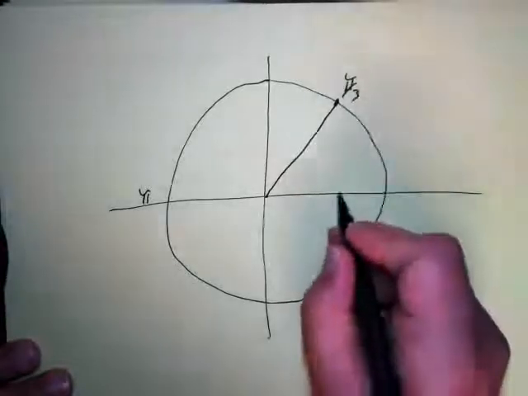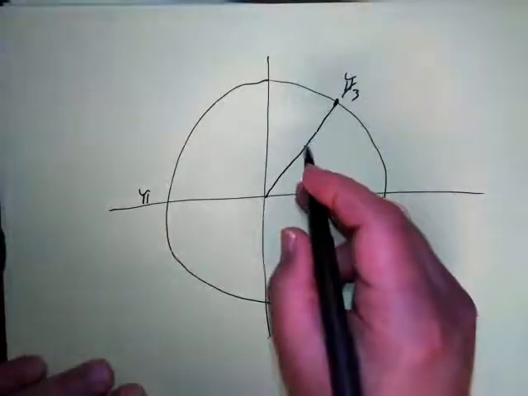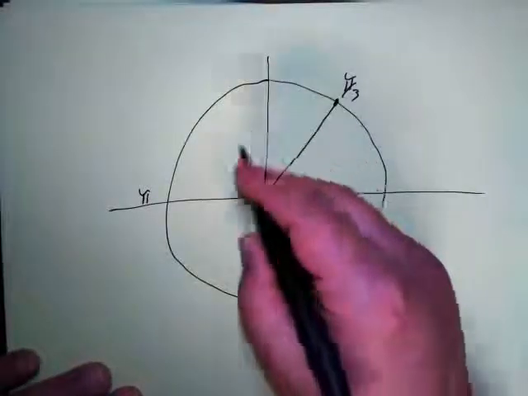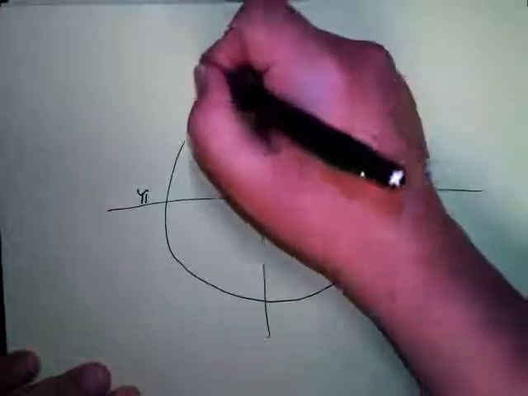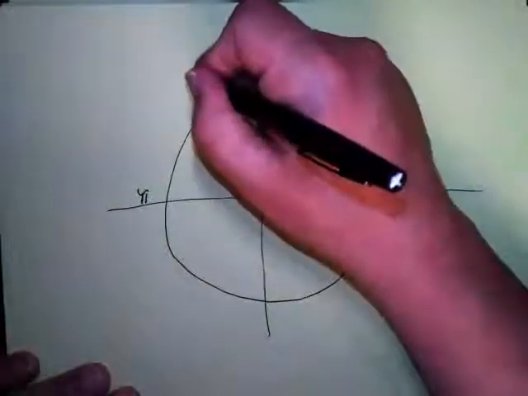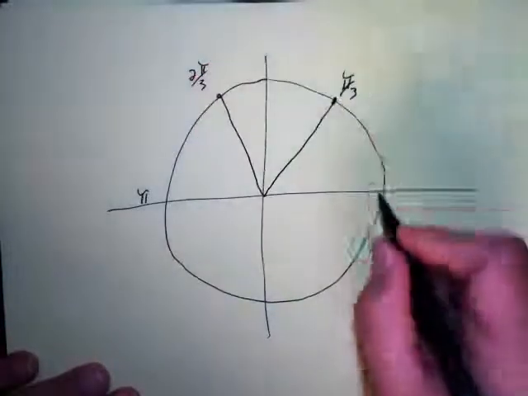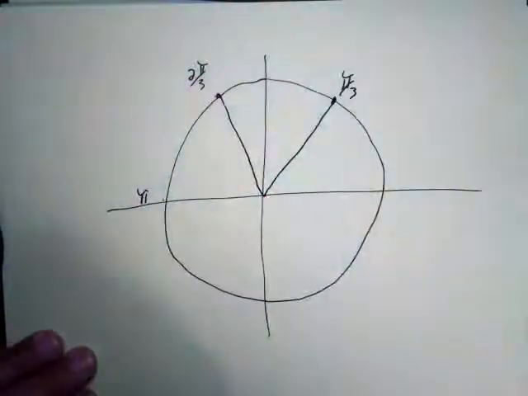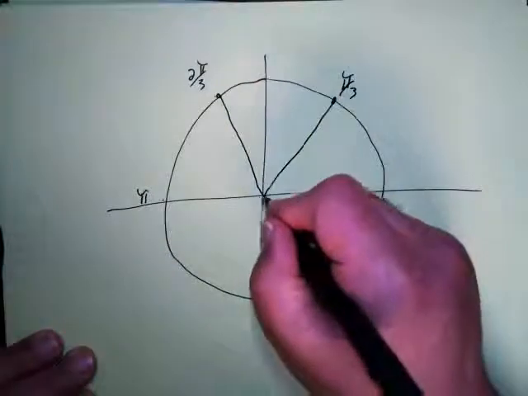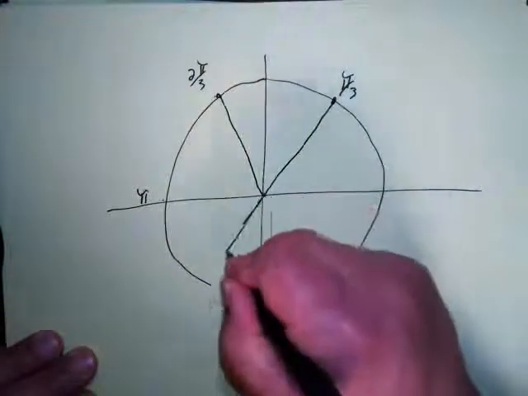So this pi over 3 is a 60-degree angle. Then if I go another 60 degrees, I get 120 degrees, and that's 2 pi over 3. So I got 1 pi over 3, 2 pi over 3. 3 pi over 3 would be pi. And then this one, another pi over 3.